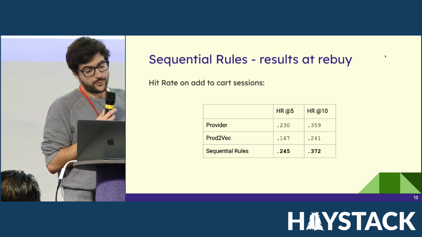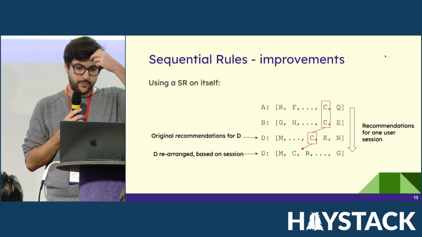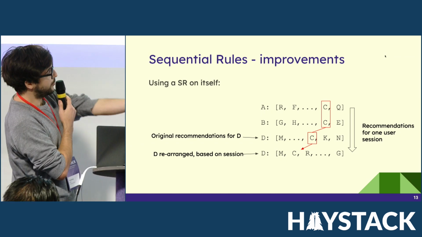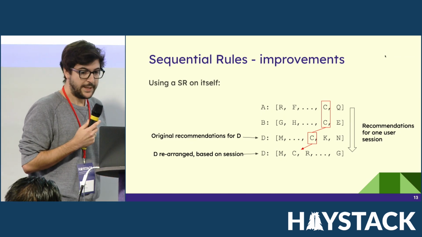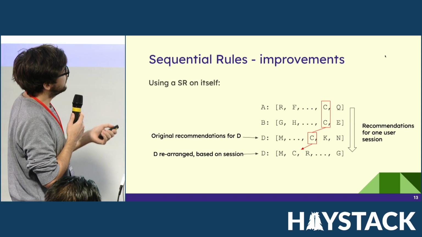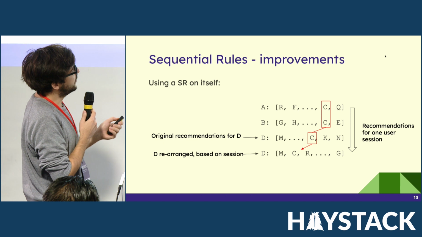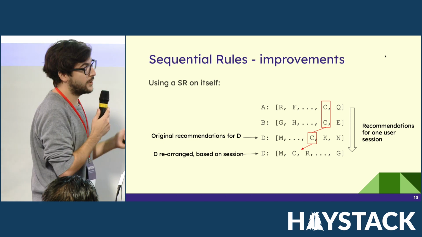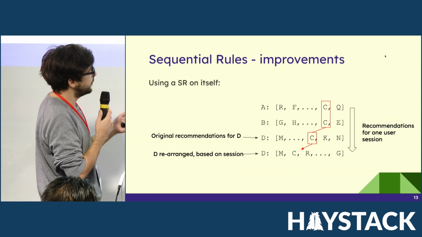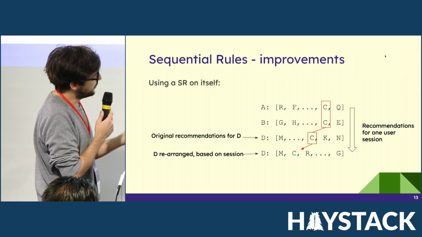But while doing this, we saw there is an improvement we can make, and it's using sequential rules on themselves. So this is a user session in that sense, and for example, the user added the product A to their cart and was recommended these products. Then they went on and added product B to their cart and were recommended this product.